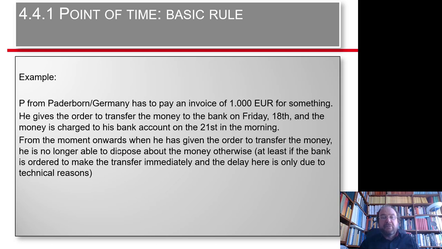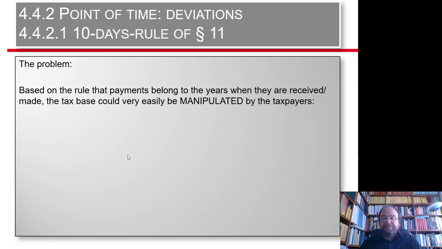But now, from the moment onwards when you gave the transfer order to the bank, you were no longer able to dispose about the same money in a different way, because you bindingly said give it away, so you couldn't use that money for anything else in the meantime. So on the 18th, the expense was already made.